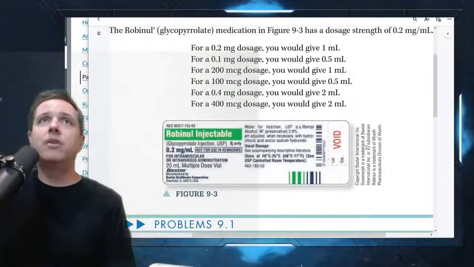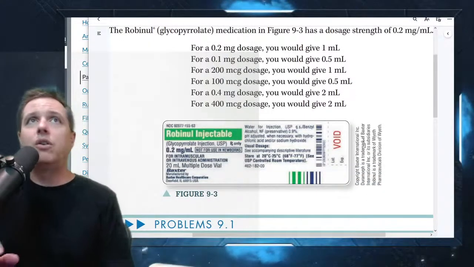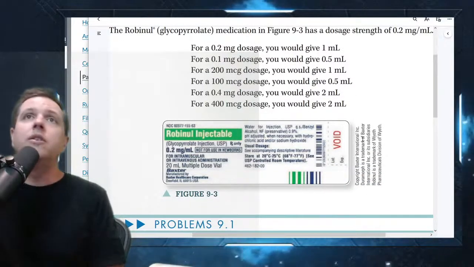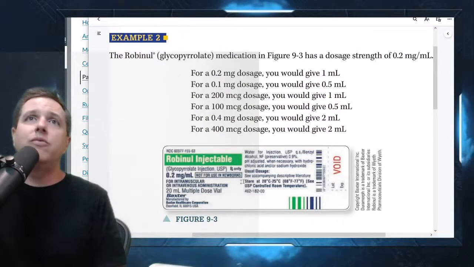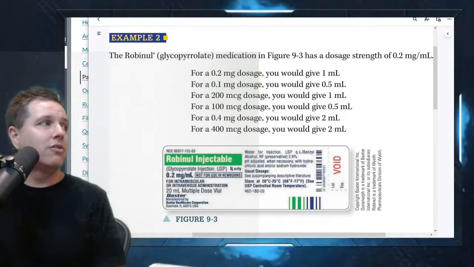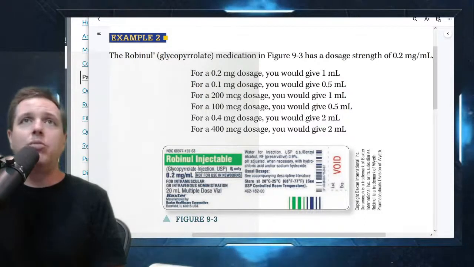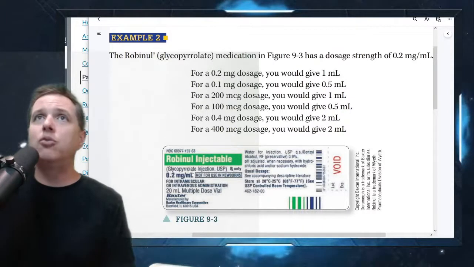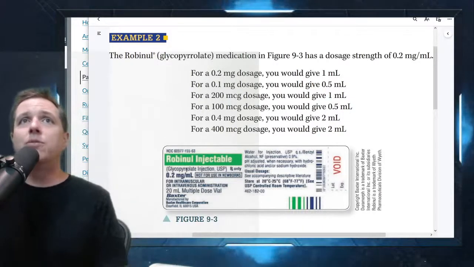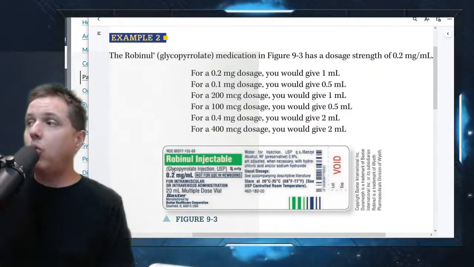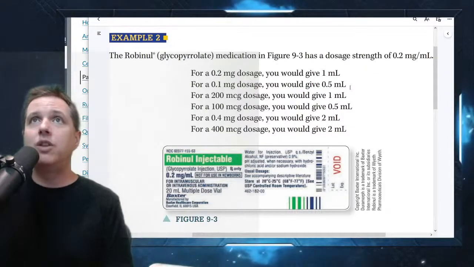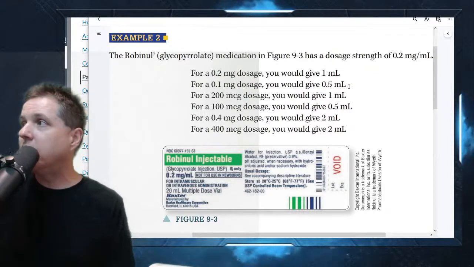Right, so same thing with this one, Robinol. So you go through, and where is it on here? Right here. So they've got 0.2 milligrams per milliliter. So now you know for each milliliter you pull out of here, it's 0.2 milligrams. So if you're only supposed to give 0.1 milligram, then you should only give half a milliliter, right?